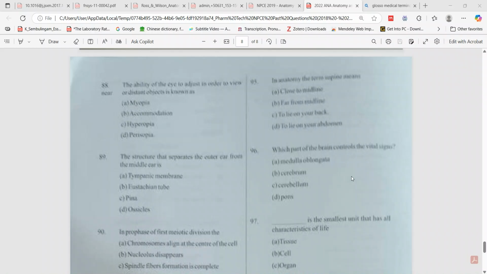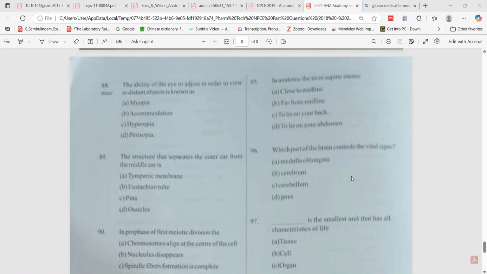Myopia is otherwise known as short-sightedness. That's when you can only see clearly things closer to you. You cannot see things distant to you. Here we have both near and distant, so that's accommodation in general.